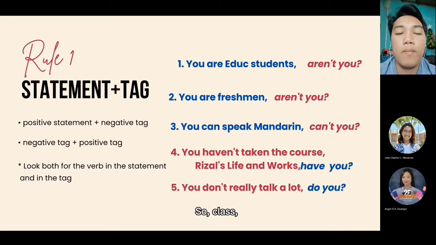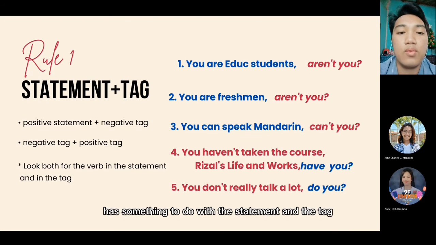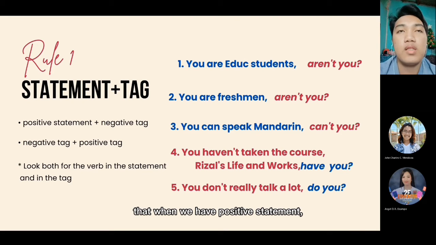So class, you just have to remember that the first rule in question tag has something to do with the statement and the tag, that they should always be of opposite sign, that when we have a positive statement we should take a negative, and vice versa.